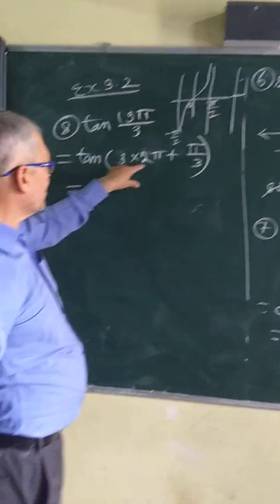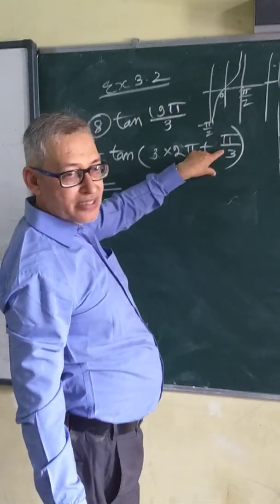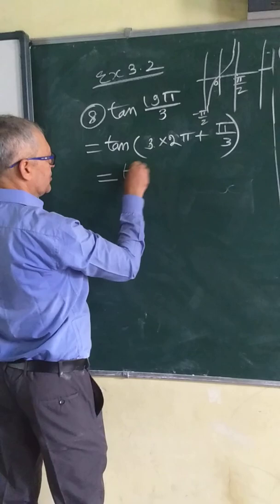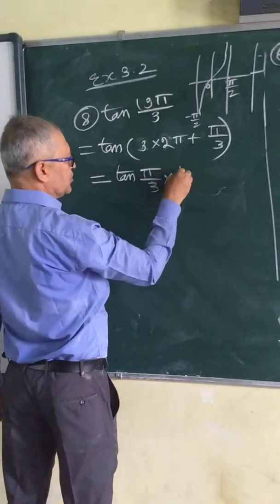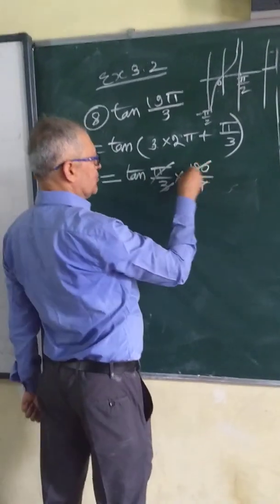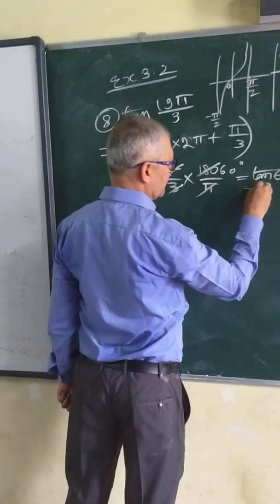So this means after completing 3 cycles of 2 pi, the value is 0. Only this angle is left, so this angle will have the value. So this is equal to tan pi by 3, and we change pi into degrees by multiplying by 180 by pi. So this is tan 60 degrees, and the value of tan 60 degrees we know is root 3.